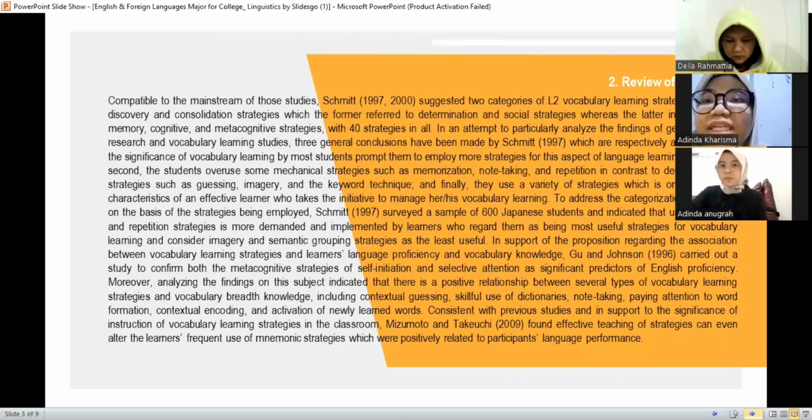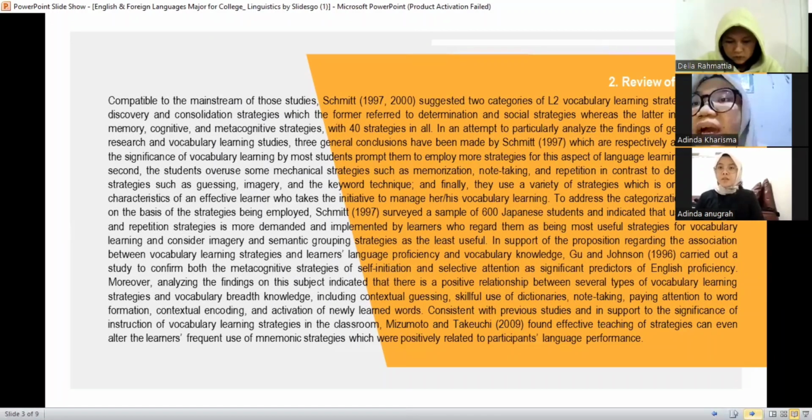Compatible with the mainstream of the studies, Schmitt suggested two categories of L2 vocabulary learning strategies, including discovery and consolidation strategies, in which the former refers to determination and social strategies, whereas the latter includes social, memory, cognitive, and metacognitive strategies, with 40 strategies in all.